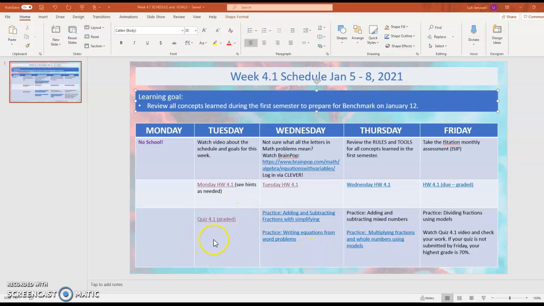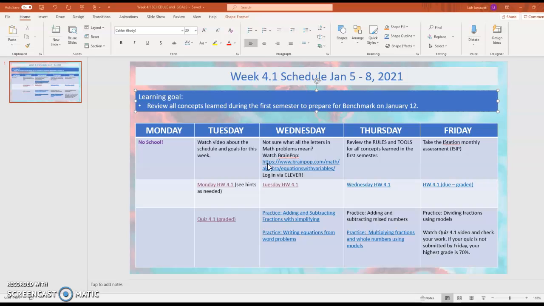On Wednesday, you will have a practice adding and subtracting fractions with simplifying, and then also practice writing an equation from a word problem. If you're not sure what the variable means, there is a video on BrainPop that you can watch.